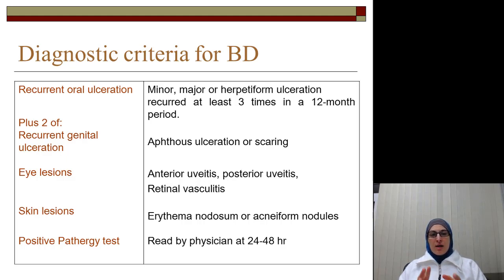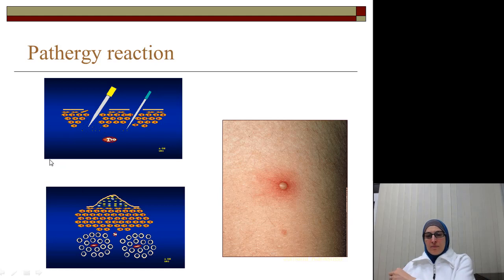To make a diagnosis of Behçet's disease, the patient should have recurrent oral ulceration, in addition to any 2 of these: genital ulcers, eye lesions, skin lesions like erythema nodosum, or a pathergy test, which is a test they do by inserting a needle into the patient's skin. Normally this should do nothing for a normal individual, but for a patient with Behçet's disease, a pustule will form. So this indicates a positive pathergy test.